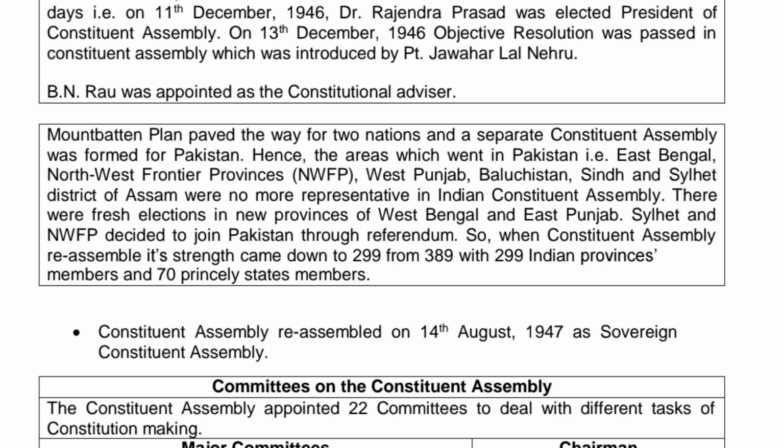There were fresh elections in new provinces of West Bengal and East Punjab. Sylhet and NWFP decided to join Pakistan through referendum.